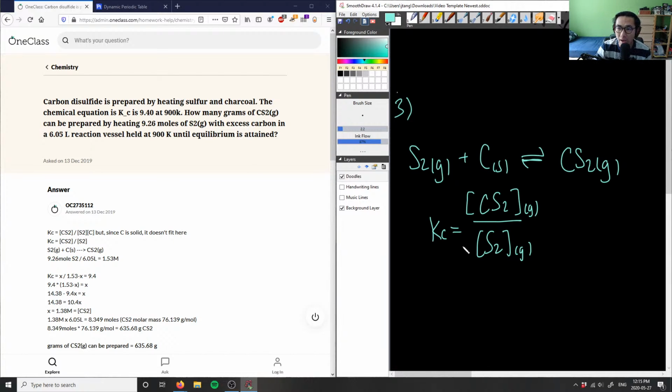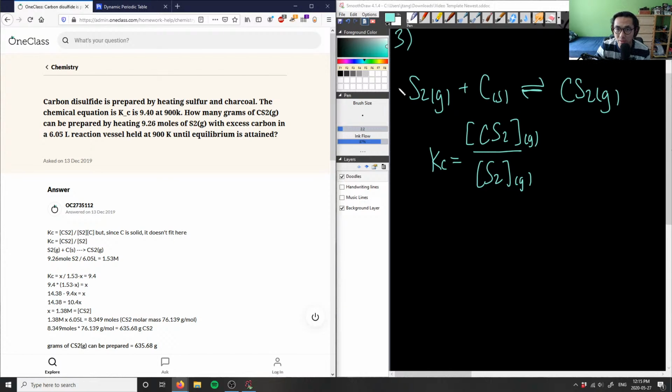What we can first solve for is the molarity of S2, because we have moles and we have our volume as well. So the concentration of S2 is going to equal the moles of S2 divided by the volume.